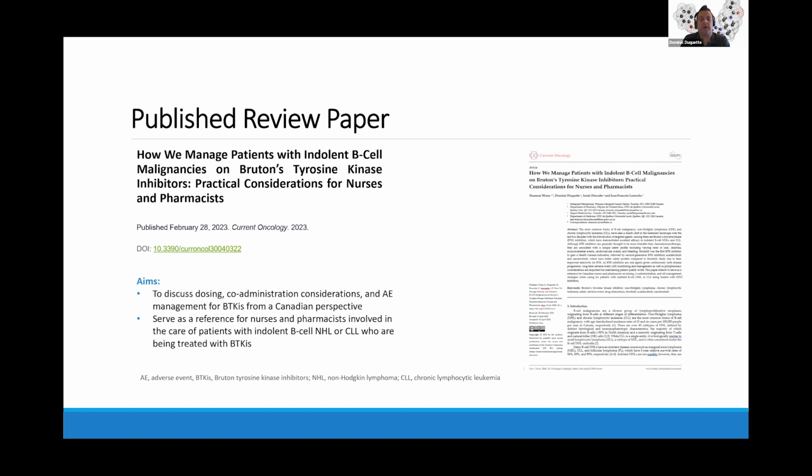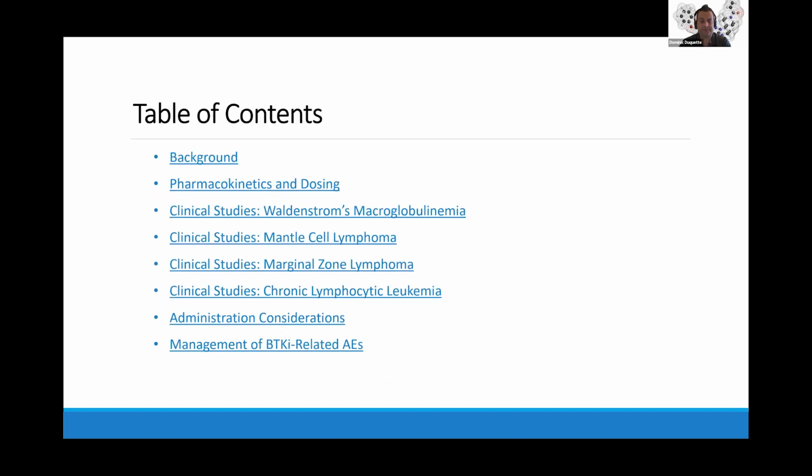It's in Current Oncology. It's open access. So please feel free to go to that to have more information on this topic. So we have a couple of things to go over. I'm going to go over more quickly for this presentation, but again, it's all in the paper that you can refer to.